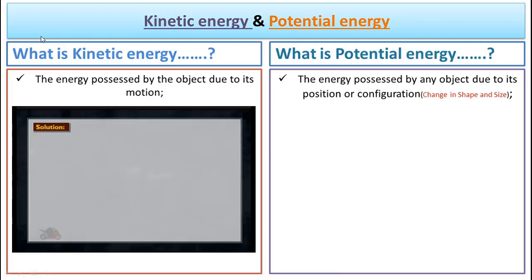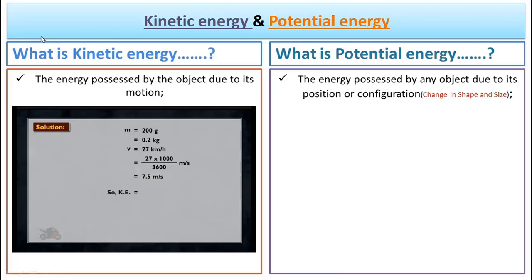Solution. Given mass m is equal to 200 gram, which is equal to 0.2 kg. Velocity v is equal to 27 kilometers per hour, which is equal to 27 multiplied by 1000 upon 3600 meter per second, which is equal to 7.5 meter per second.